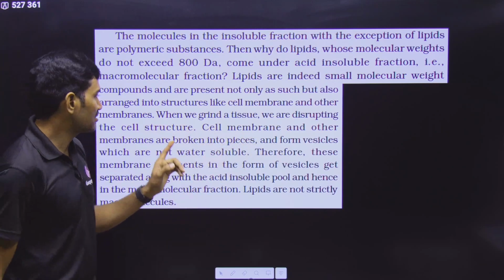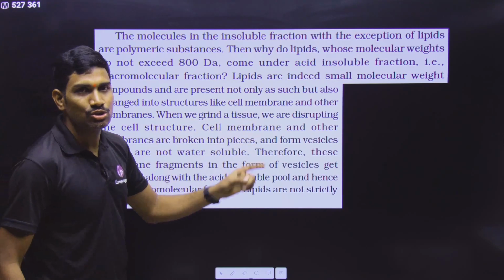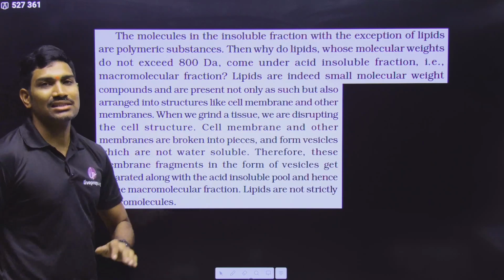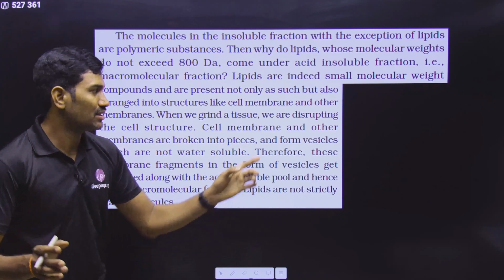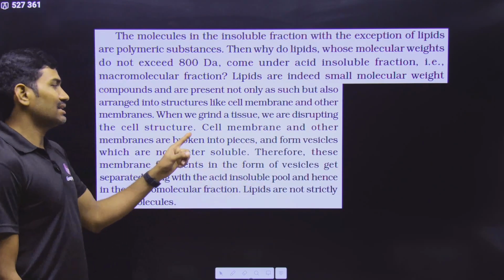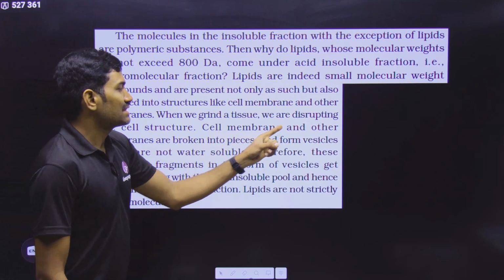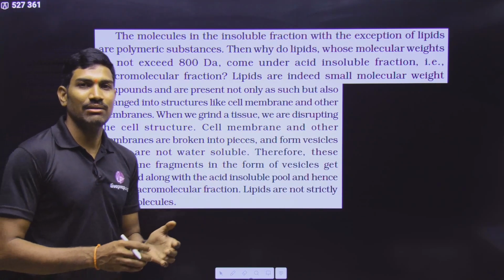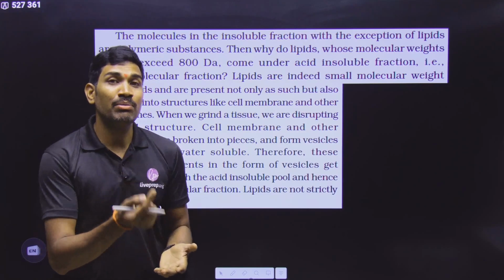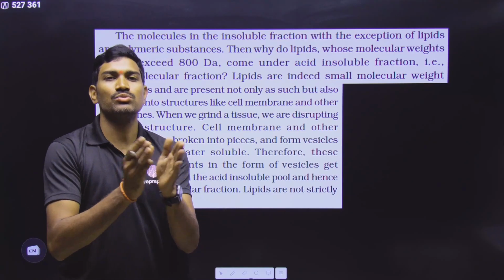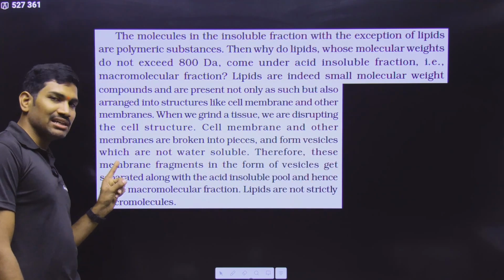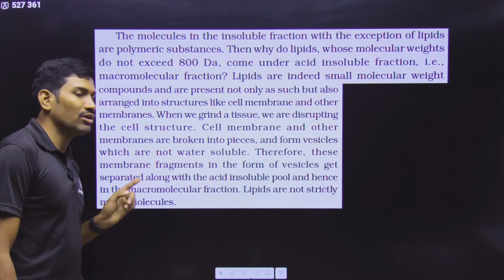When we grind a tissue, that means when we are breaking a tissue, we are disrupting the cell structure. Disrupting means breaking the cell structure. Then cell membrane and other membranes are broken into pieces. At that time, the plasma membrane and the membranes of organelles are broken into small fragments, and they will form vesicles which are not water soluble.